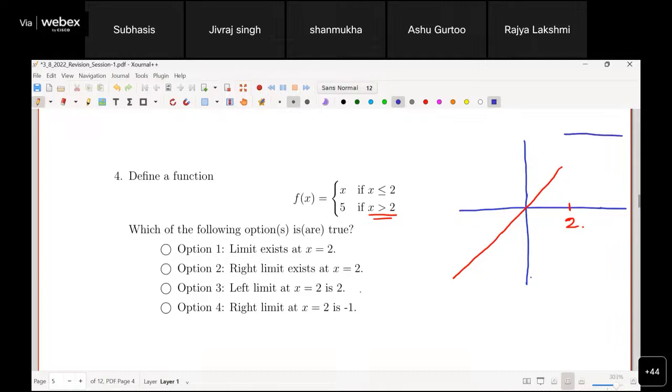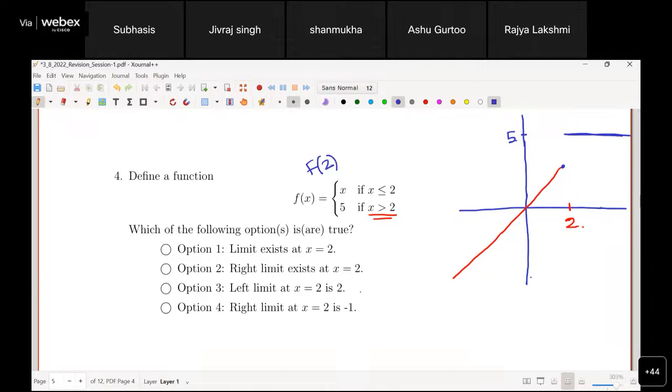Here, this is my 5 point. From here onwards, the graph will be like this. This will be the graph of this function, and at this point, it is included, because at 2 the value of the function is actually 2.